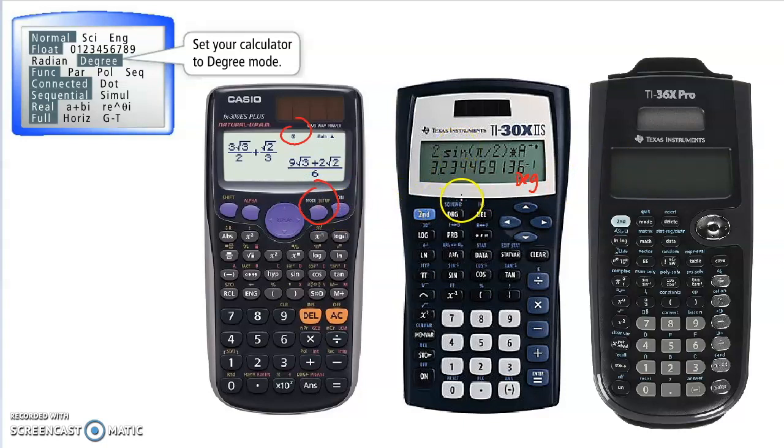Or if you have a calculator like this, DRG actually sets it into degrees or radians or gradients. So you want to push that and make sure it has degree underlined. Or the mode button on this calculator, I believe, will find your degree. If not, you can use a handy website called YouTube and check to make sure that your calculator is in degrees. All right, cool.